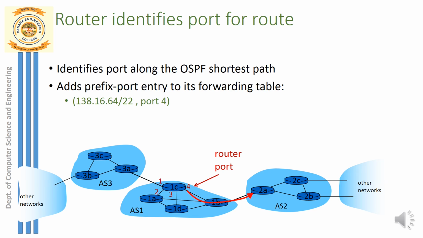So there are multiple output ports: 2, 3, 4. Out of that it can choose any one, right? Definitely it is going to choose output port 4 in order to reach 1B, and from there onwards it will choose the next hop as 2A in order to reach the final destination autonomous system AS2. So the output port is chosen along the shortest path in order to reach the destination.